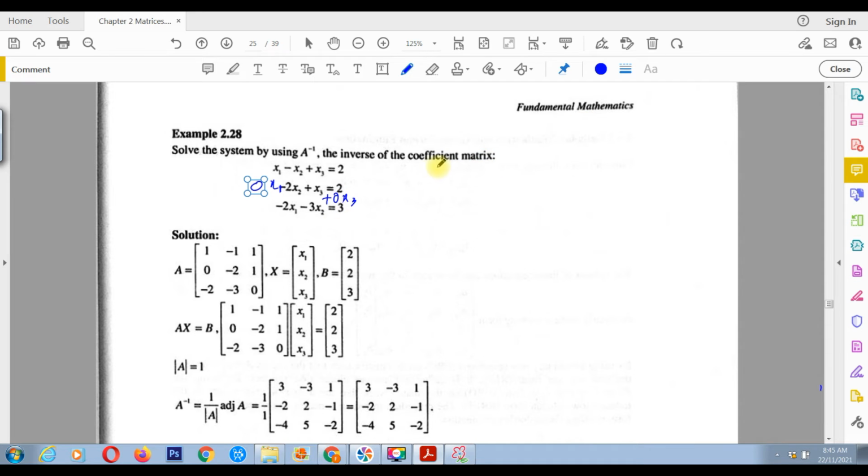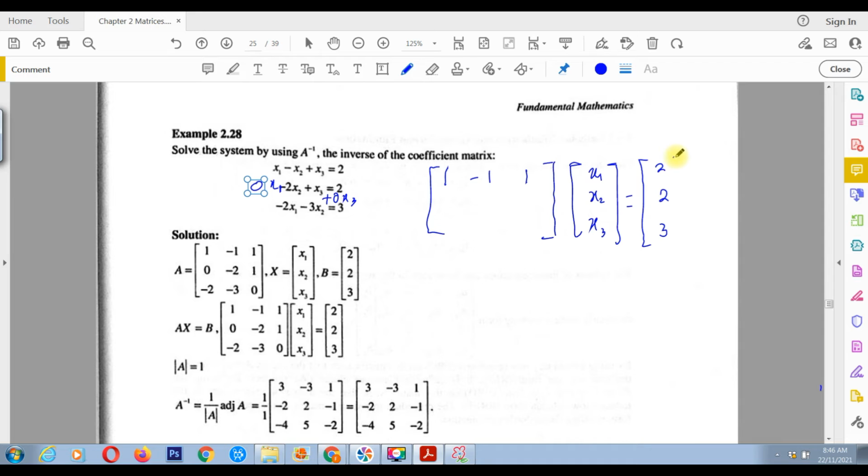So now we perform with the matrices. We get 1, negative 1, 1, and then we get x1, x2, x3, equals to. Usually, if you properly write, you will get 2 marks here.